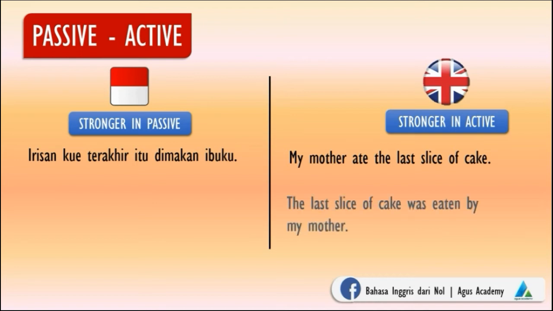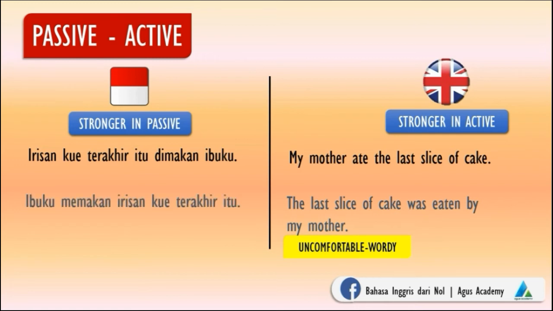English people will avoid saying the last slice of cake was eaten by my mother because it sounds uncomfortable and wordy. But in Indonesian, ibuku memakan irisan kue terakhir itu, this sentence is less strong and a less common option in natural communication.